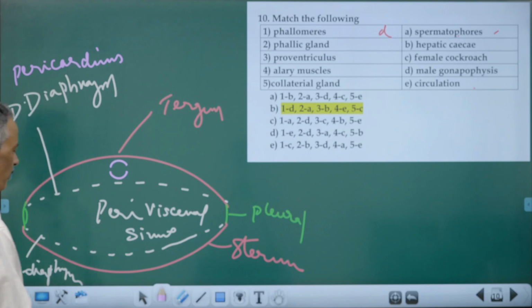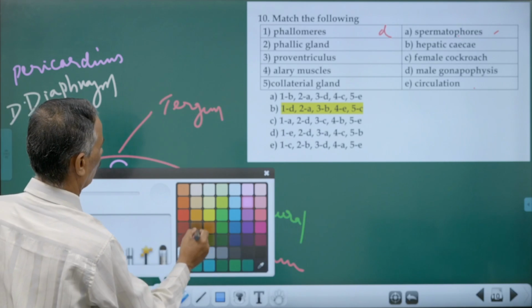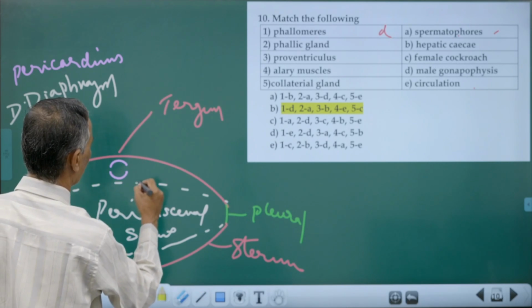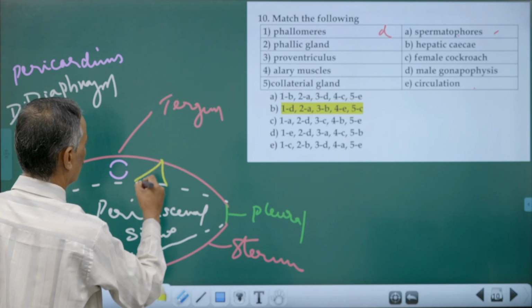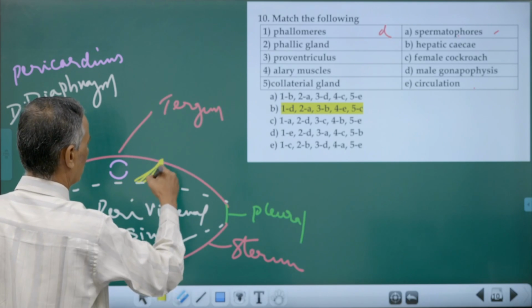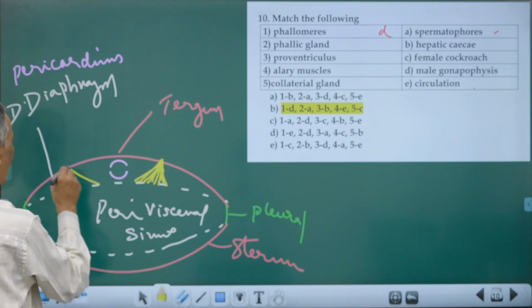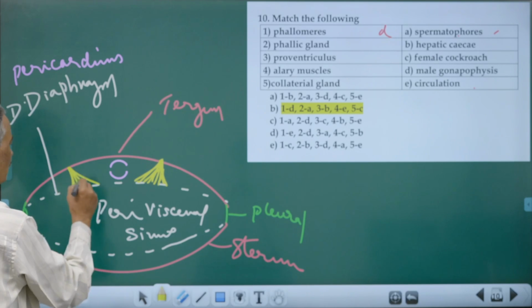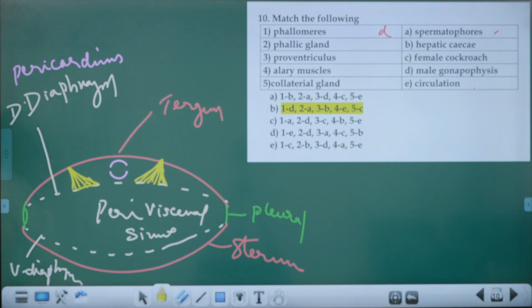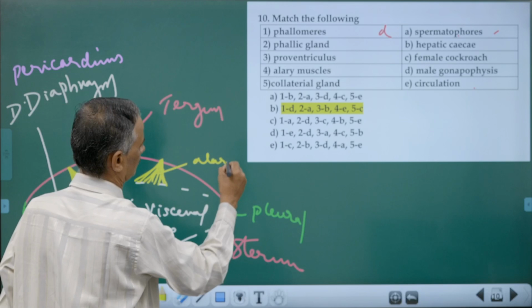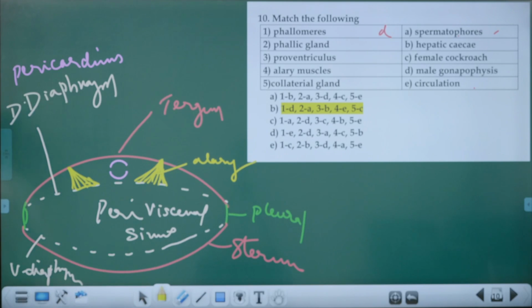And now understand it clearly, the pericardium is connected to the dorsal chitinous tergum by means of certain muscles. These muscles are called alary muscles. This is the position of alary muscle.